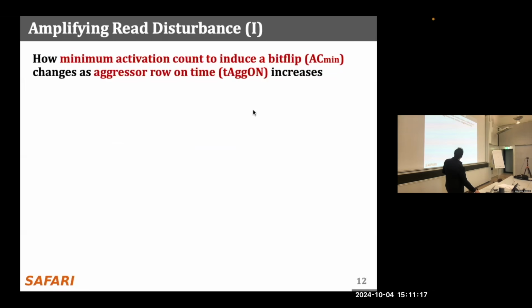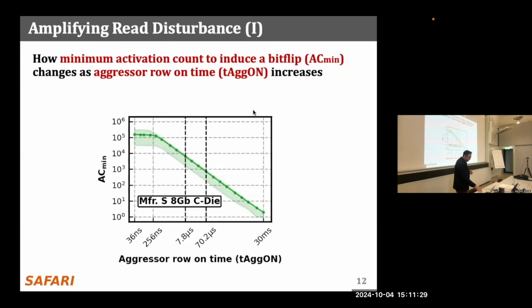Let's look into the first set of experiments that result in the first key takeaway. Now we check how the minimum activation count to induce the first bit flip changes as we keep rows open for a longer time. In this plot, this is pretty much the same organization as a lot of plots in this paper. On the x-axis we have the aggressor row on time.